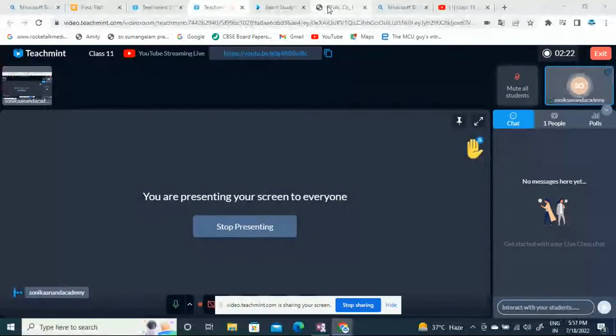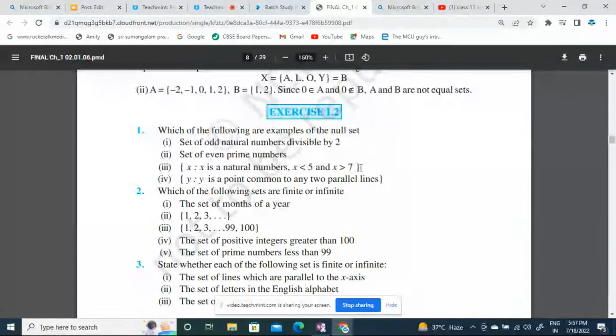I am going to share with you the exercise. This is your exercise, exercise 1.2 of the chapter Sets which you studied in class 11.